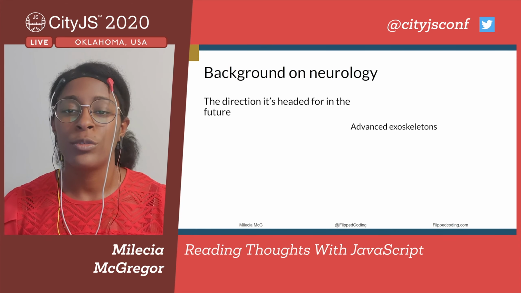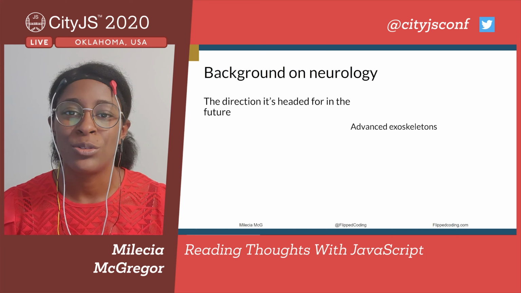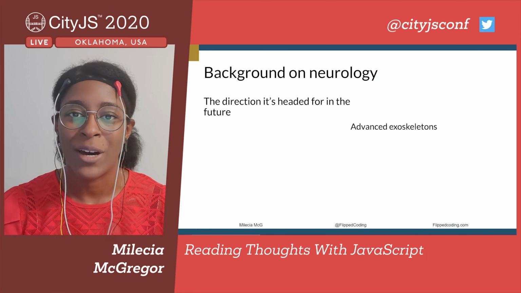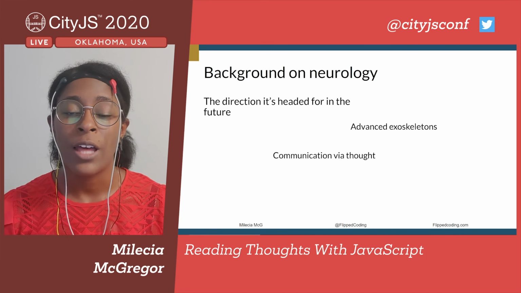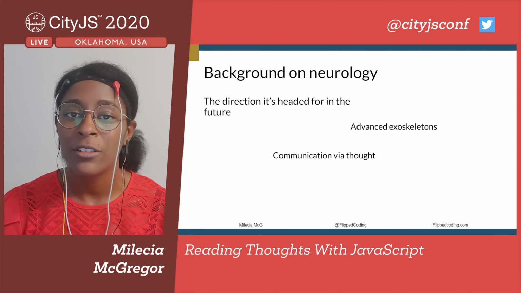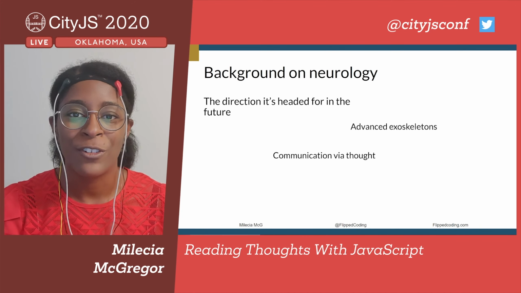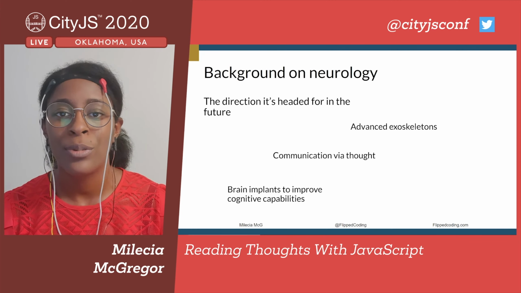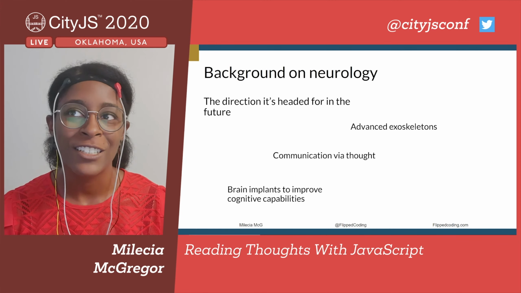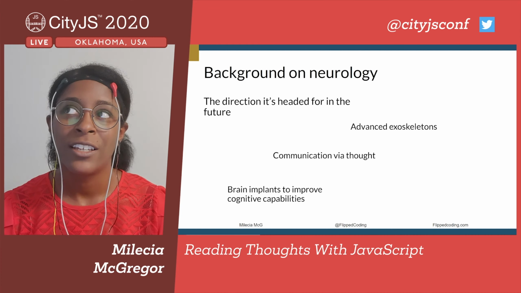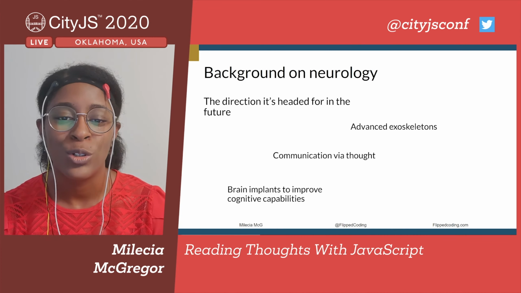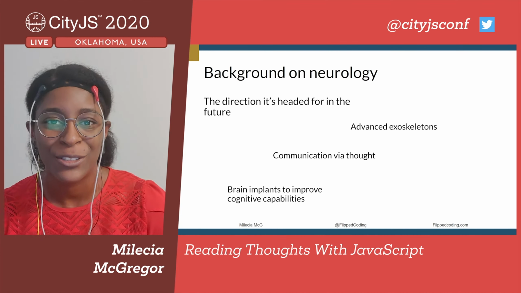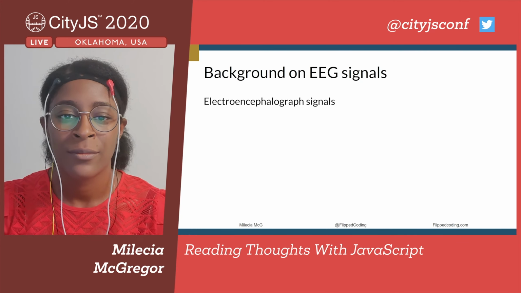So you'll be able to strap into a robot suit and move it around like it's your own body. We'll have communication via thought, so telepathy is coming for you guys. And there is a chance we'll have brain implants to improve cognitive capabilities, which is a little bit wild, and we'll get into some ethical things around that a little later.